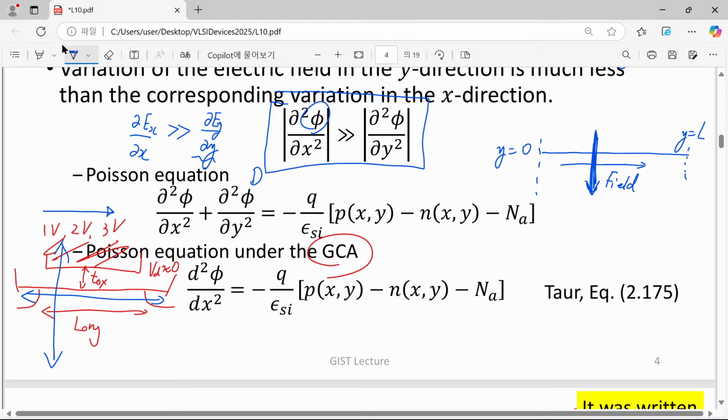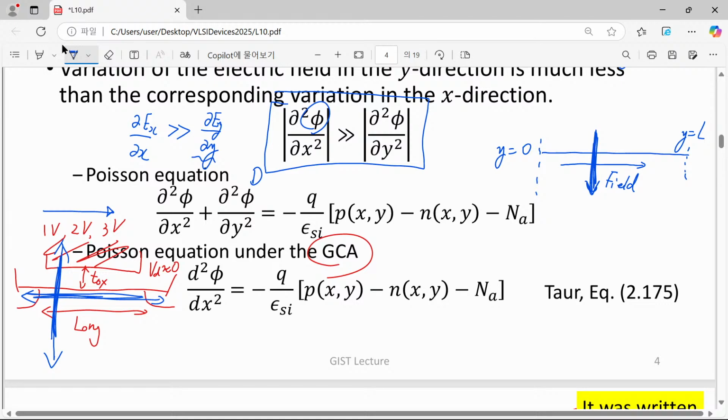Since the electric field itself is quite large, its variation would also be high along the x direction. And since the electric field itself is so small, its position-wise variation can also be quite small. That is our rough justification for neglecting this one.